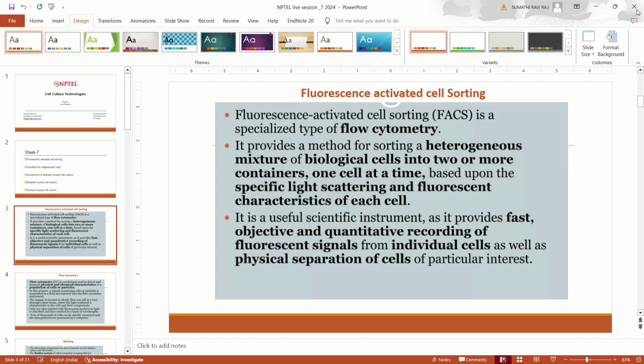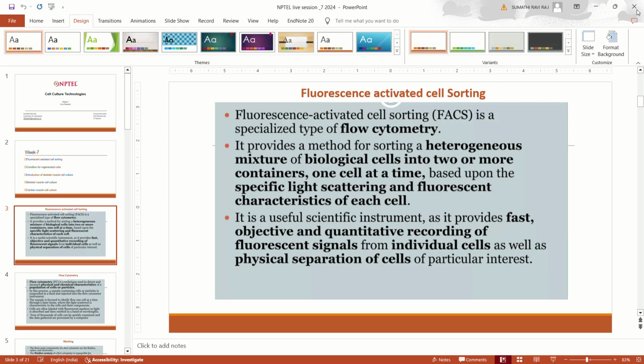So when you prepare the sample for FACS, you should be very skillful and very attentive to make sure the cells are not in a clumped form. If you have clumps, then obviously your scattering will change. The size will be bigger, and if it's a mixed population, then different types of cells will be clumped together. So then you cannot separate the individual cell that you want.